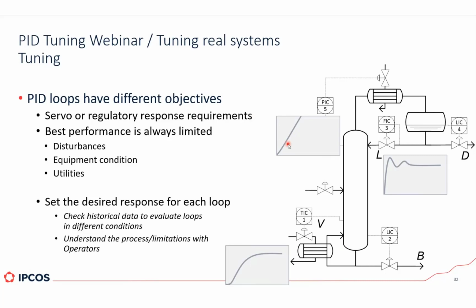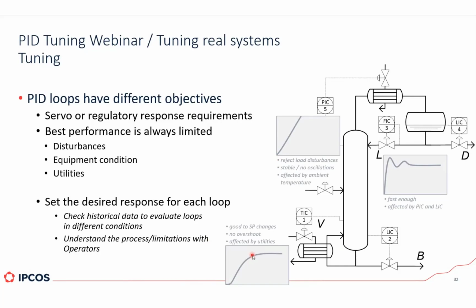And it's not only defining the objective, but you also need to consider the limitations that can affect that loop. You have limitations such as disturbances or conditions or utilities, and you should also take this into account when you're defining the loop for a PID controller. And the idea here is that we need to define the response we want for each loop, right? So that means it's difficult to use the same rule for each of the loops.